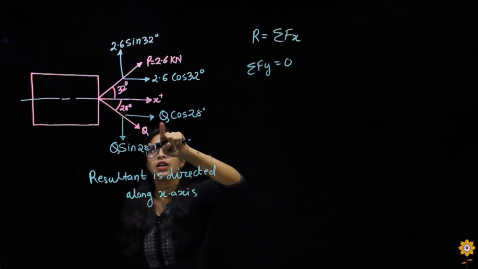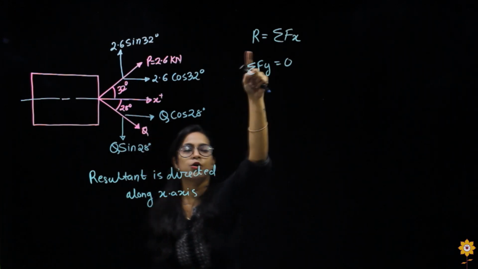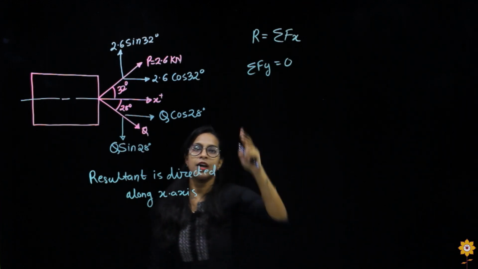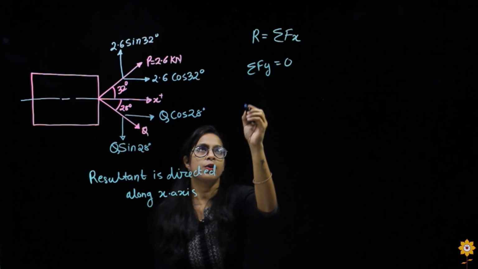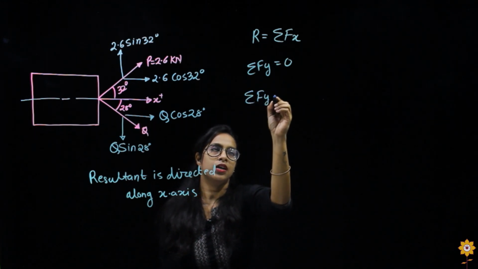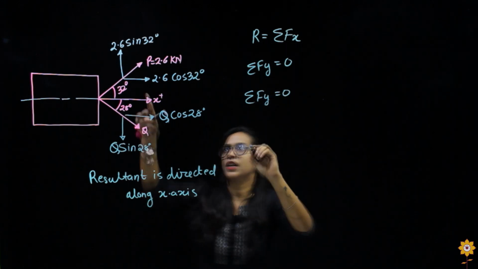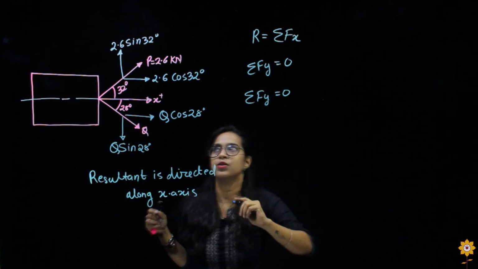So we have one unknown as Q, another unknown as R, and we have two equations, so we can easily find them out. Let us solve for F of y equals 0 first. That is, all the forces in the y direction would be equal to 0.